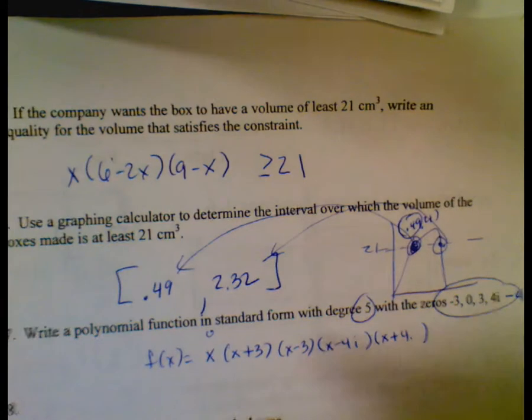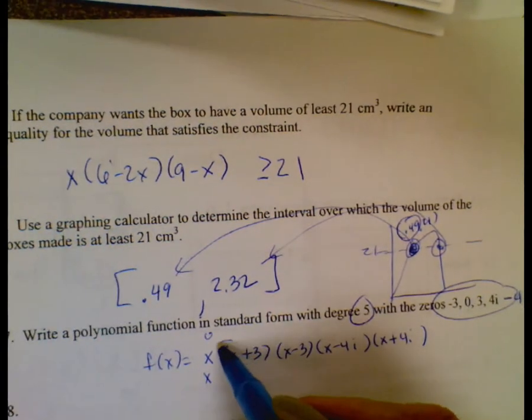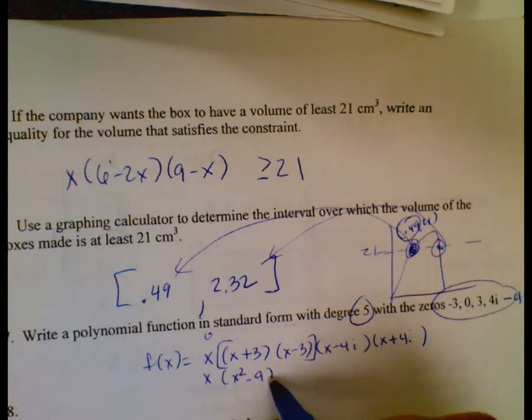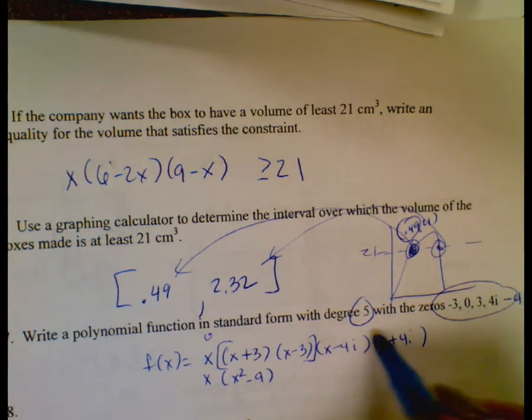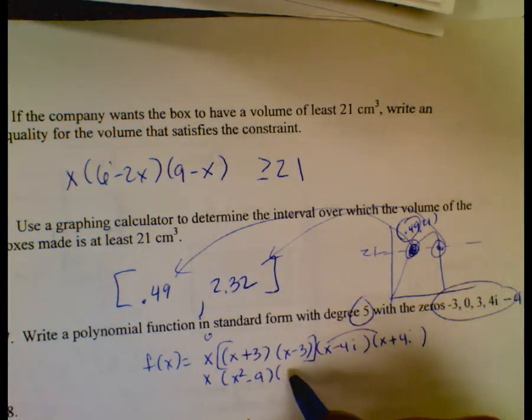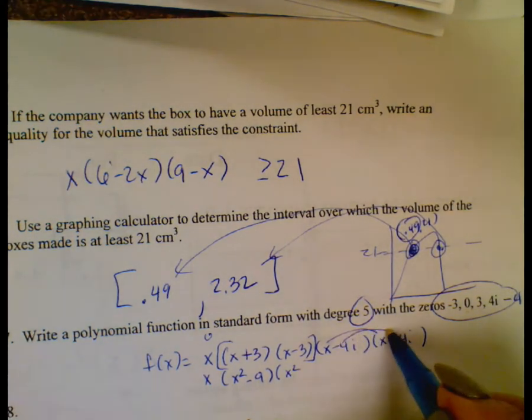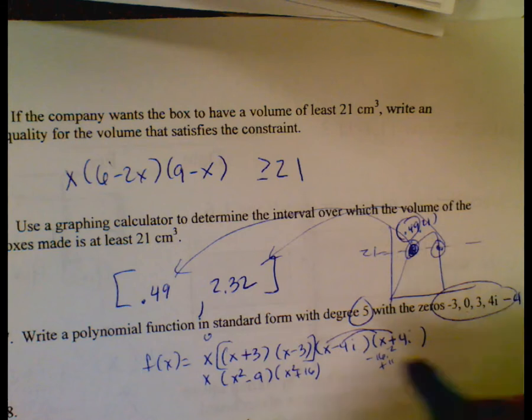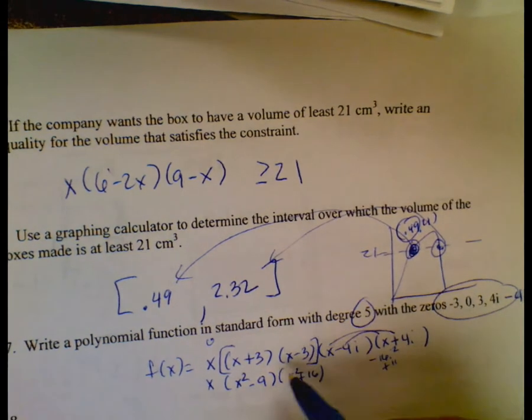And then we have to FOIL this. The first two, I'm going to FOIL these two first. It's x squared minus 9. And then we're going to FOIL these two. So that's x squared minus 16i squared, which is positive 16. So you get that. And then we're going to FOIL this.